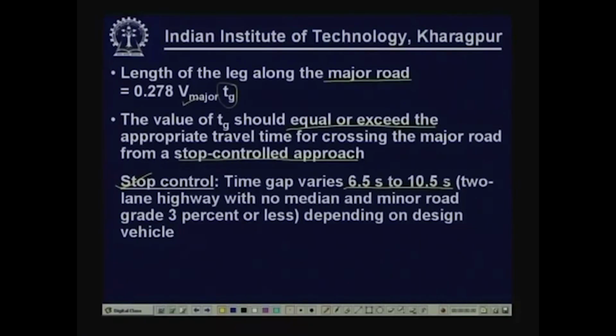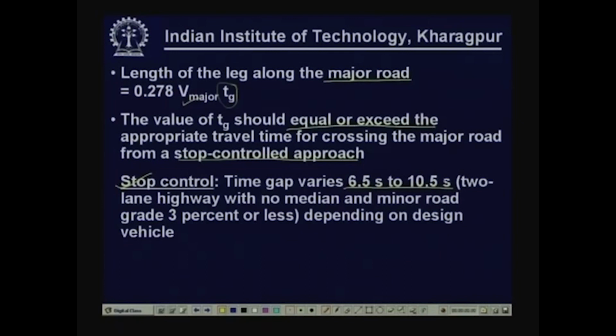For stop control, the time gap was 6.5 seconds to 10.5 seconds depending on design vehicle type, 6.5 seconds for car and higher values for commercial vehicle type.